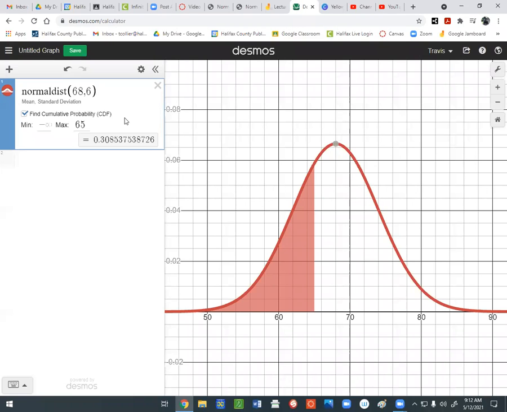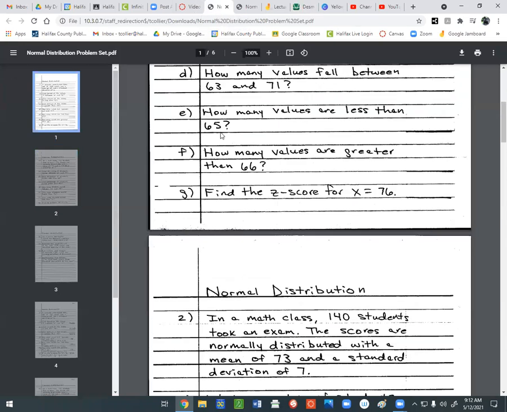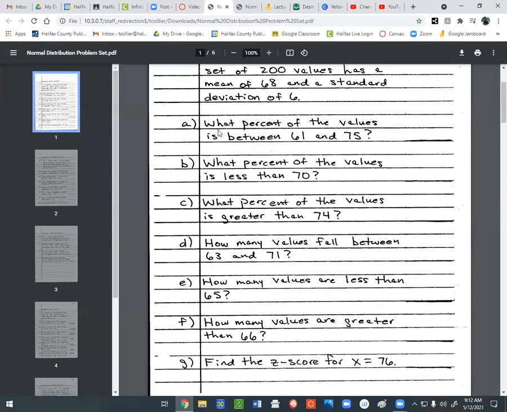When it asks for the percent of values, do you multiply the value with the number and then make that into a percentage? No, that's only if you have how many values. When it asks for a percentage, you just take this decimal down here. You're talking about like this question up here, right?